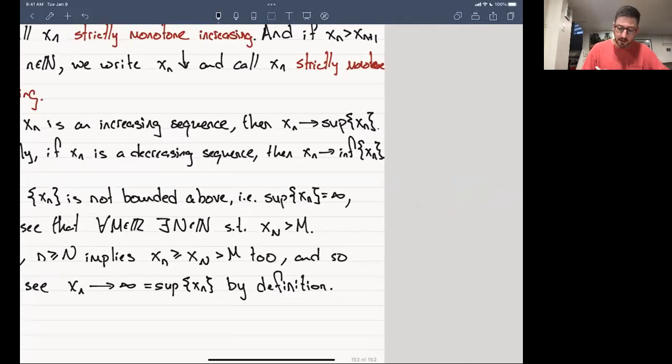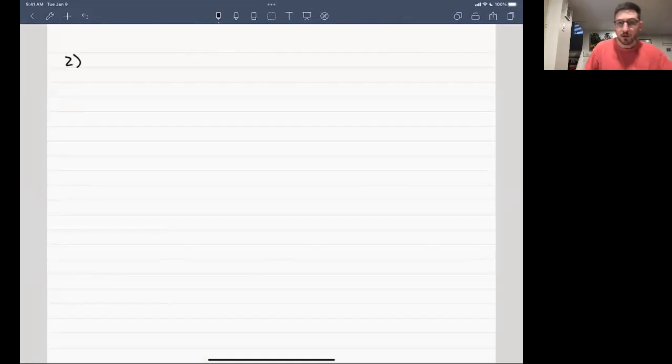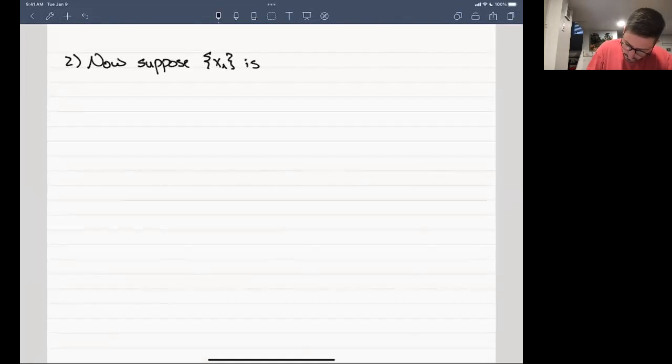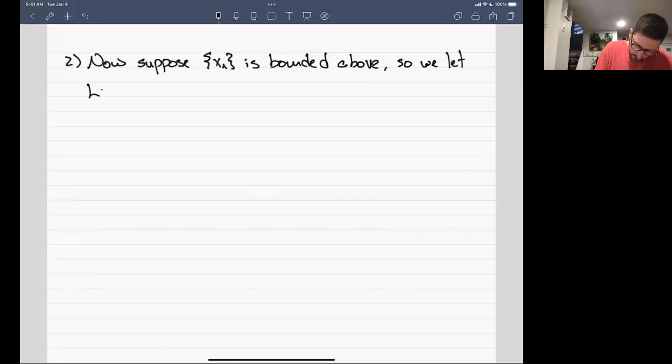So let's look at the case when the supremum is finite. So now suppose the sequence is bounded above. And so we let L equal the supremum of this sequence.